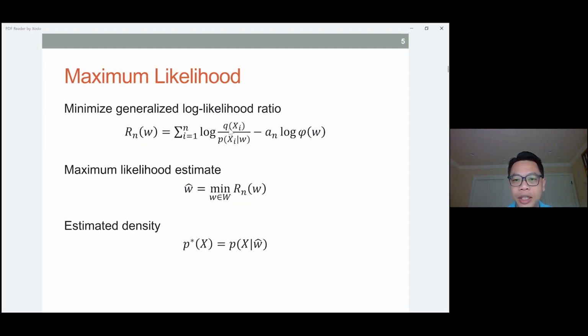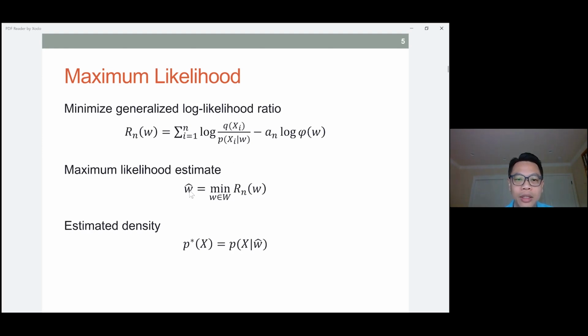So it really doesn't change anything. But later we are going to see that this log likelihood ratio has properties which are easier to analyze. The maximum likelihood estimate will be the parameter that minimizes this generalized log likelihood. The reason we're minimizing and not maximizing is that now the model P appears in the denominator of this log and not in the numerator.